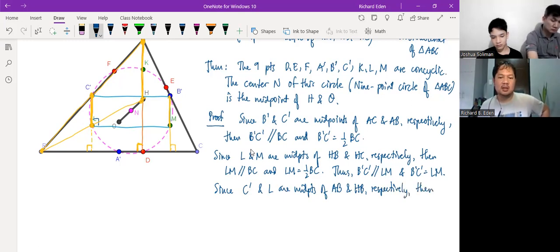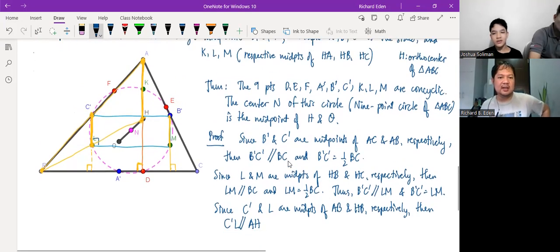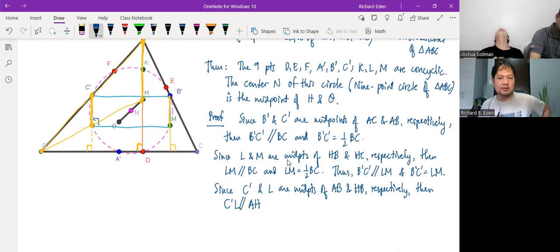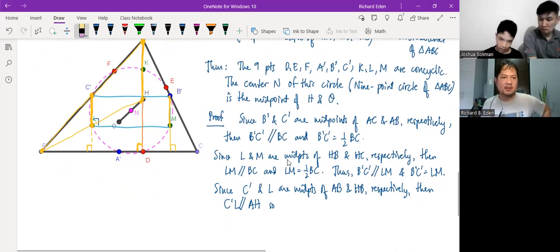then C prime L is parallel to AH. Of course, it is half of AH, but we don't need that. What I want to point out is the following.